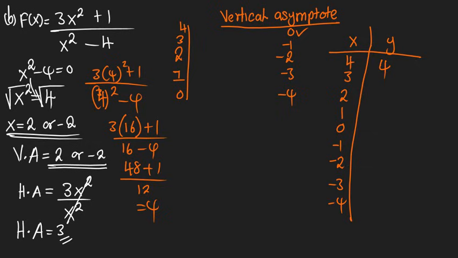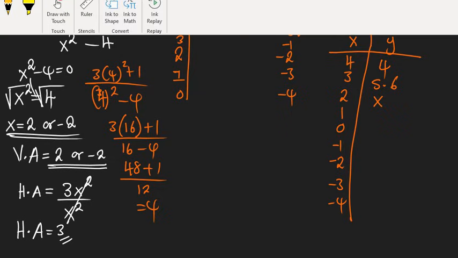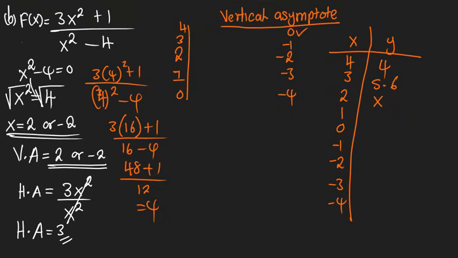If I'm using 3, if I insert that, okay, already tested, you're going to get something like 5.6. If you're using 2, you won't have anything. It won't work because you have 0 in the denominator. If you're using 1, you're going to get -1.3. If you're using 0, let me try.